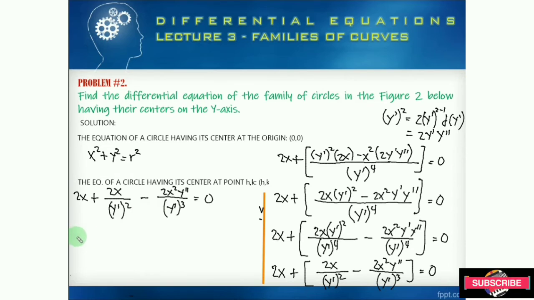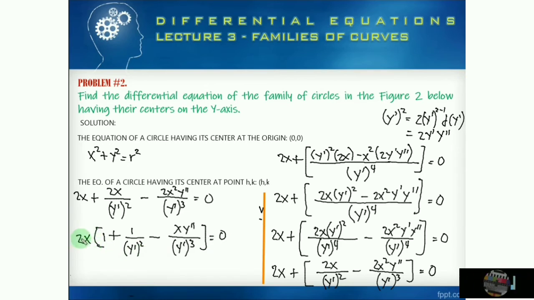We have here 2x, we move out this one, so we have 1, so 2x times 1 is 2x plus this 2x over y prime squared, so this would be 1 over y prime squared, no? So we'll just put this one as a bracket, no? Minus 2x squared, so probably this is equal now to 2x y double prime all over this y prime cube. Okay, and this is 0.